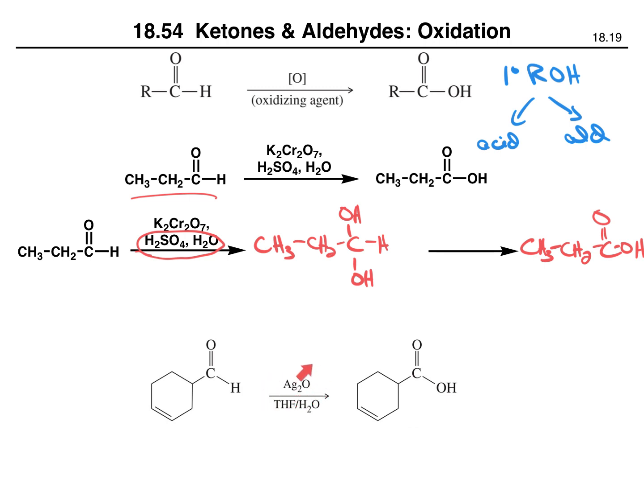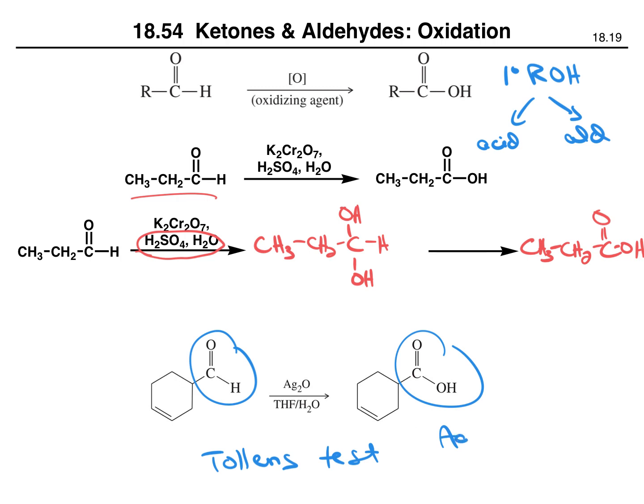In this example, we're using a silver salt to carry out this oxidation. There is a test for aldehydes called the Tollens test, and this uses a silver ammonia complex. As the aldehyde is being oxidized to the carboxylic acid, silver 2 plus is reduced to silver metal.